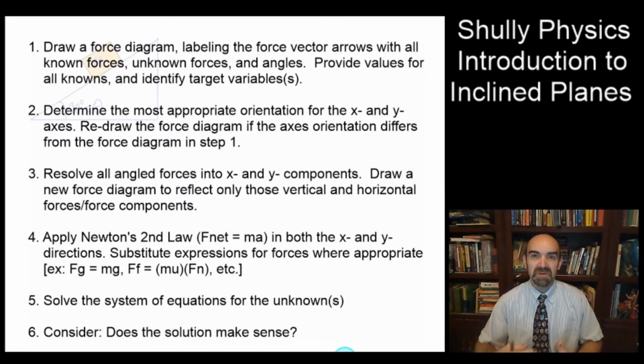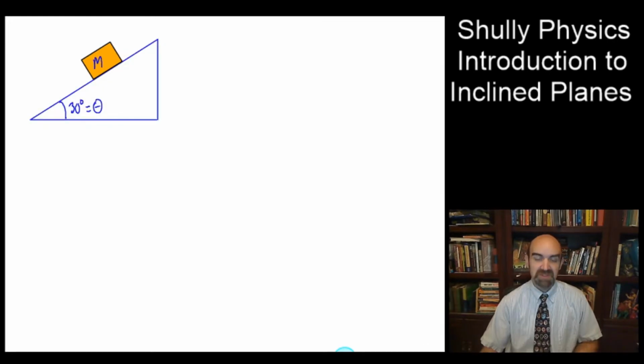So we're going to redraw these force diagrams a couple of different times until it's in a very useful, refined state. But thankfully, we're just starting with a simple scenario here, just a mass on an incline, and we're not even going to be looking at friction just yet. So a couple things here. The force of friction is just about 0, and what we're looking for is the acceleration of the block.